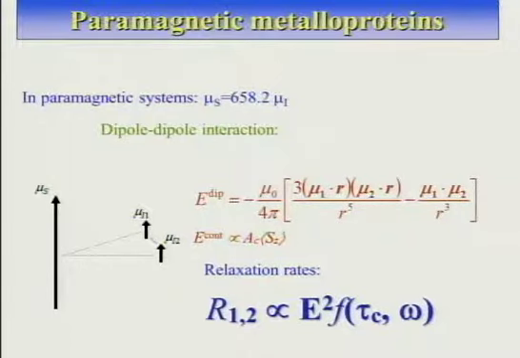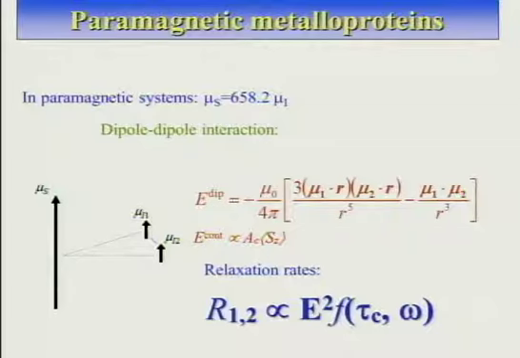Because they have unpaired electrons, there's an electron magnetic moment, and it is typically much larger. The moment associated with the electron itself is much larger than the one associated with a single nuclear spin, by a factor of more than 600.